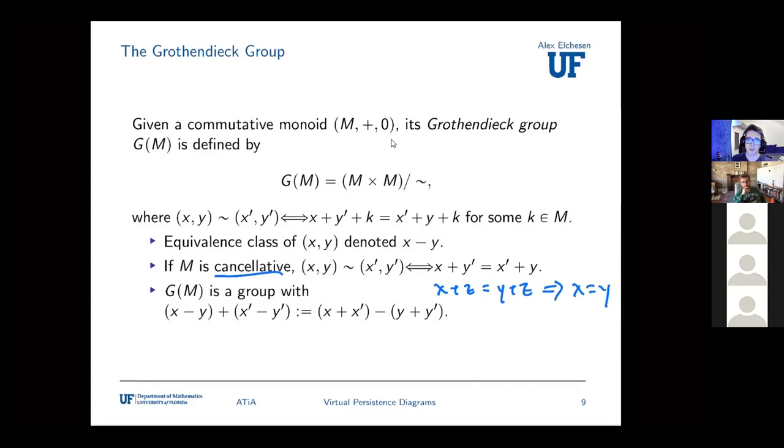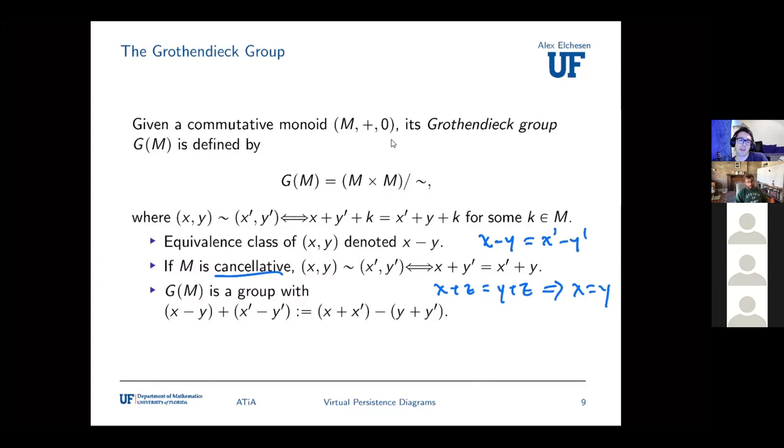The way you should think about this is indicated by our notation. We denote the equivalence class of (x, y) by x minus y, so we think of the pair (x, y) as formally standing in for the difference x minus y. With this notation, it's clear that this is exactly what the equivalence relation should be, because if x minus y equals x' minus y', then certainly x plus y' should equal x' plus y.